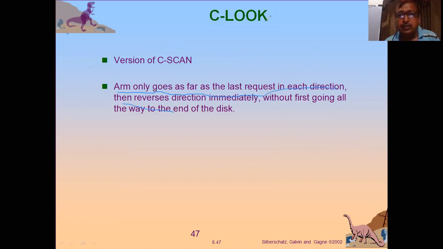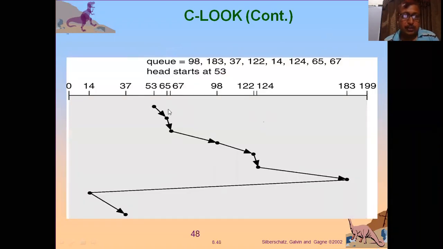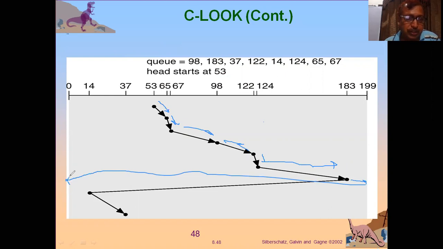Okay, so from the example it will be clear. You see, from there to there, then there to there, here, here, here, here. In C-scan it would go up to here, then go up to here, and then start its direction again. Okay, so this movement is unnecessary, this movement is unnecessary. So these two movements are saved in C-LOOK.